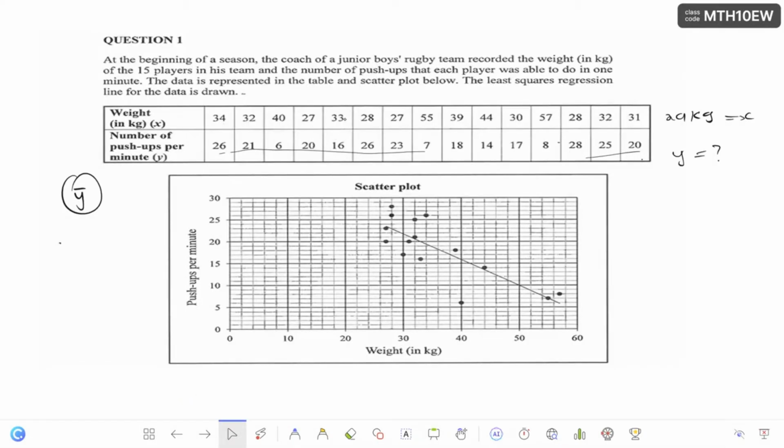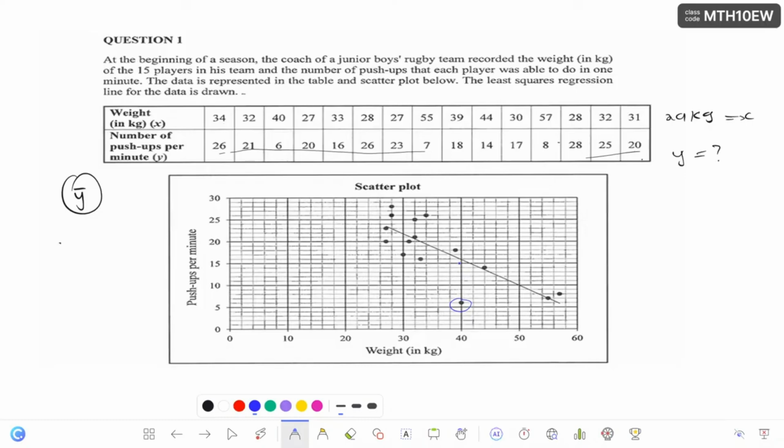This question is basically asking which player needs the largest increase to reach the minimum target set by the regression line. So this coach used this regression line to find the people who qualify to play for the rugby. If we check here, this point is very far away from the target. So this is the player that really needs a maximum increase in order to do what?